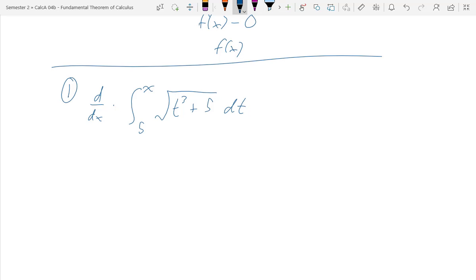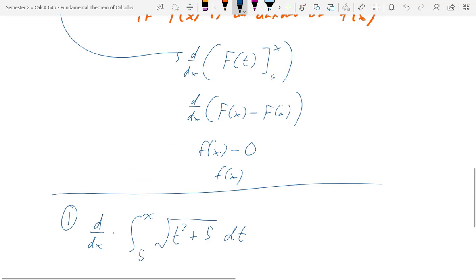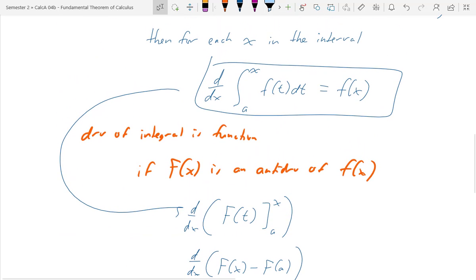The hard way to do this is actually to evaluate the integral, plug x and 5 in, and then take the derivative again. But when you realize that that's unnecessary, you can actually skip right away to the end. What is this? So I'm going to drag this down.